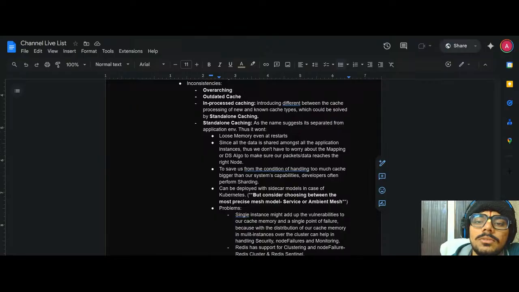Yeah, that's what I was saying. It will never be as fast as an in-memory cache.